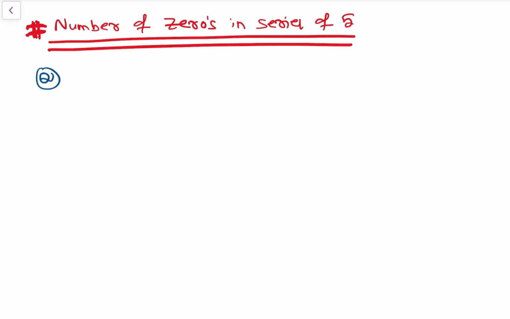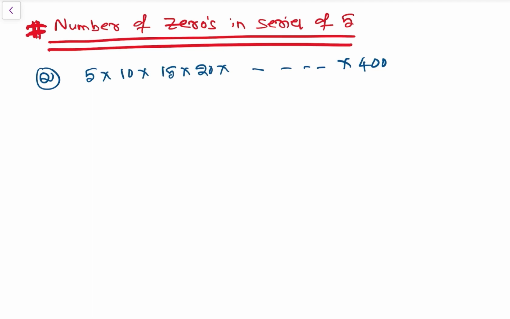So the question is 5 into 10 into 15 into 20 into so on into 400. ठीक है. Now we cannot say this is a consecutive series because the gap is 5. Consecutive series में gap एक एक ऐसा आना चाहिए. ठीक है. So now how do we deal with this?